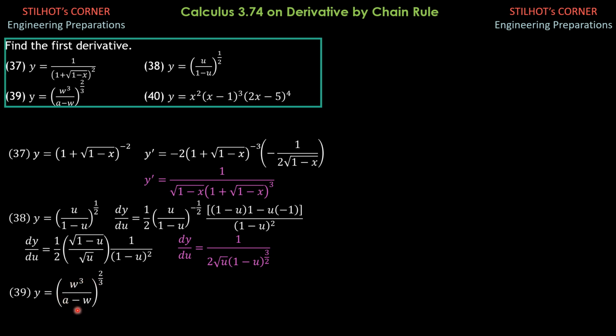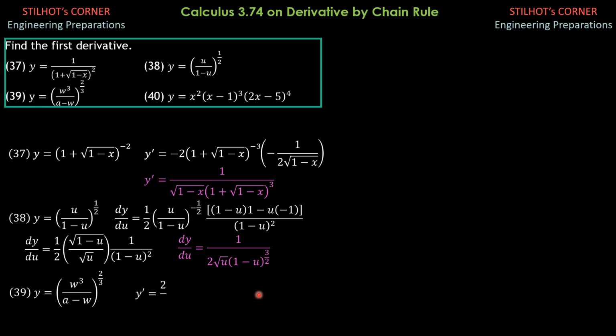Then we copy this expression, raised to negative 1/3, then times the derivative inside, which is the derivative of a ratio, which is denominator times derivative of numerator minus numerator times derivative of denominator, all over denominator squared.